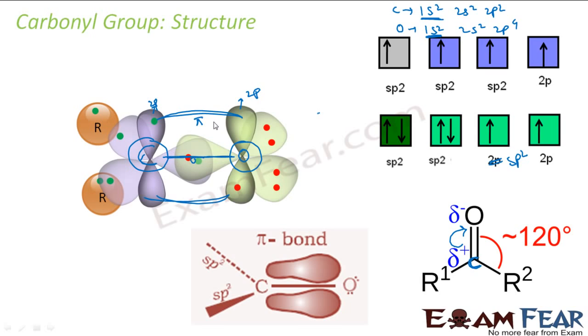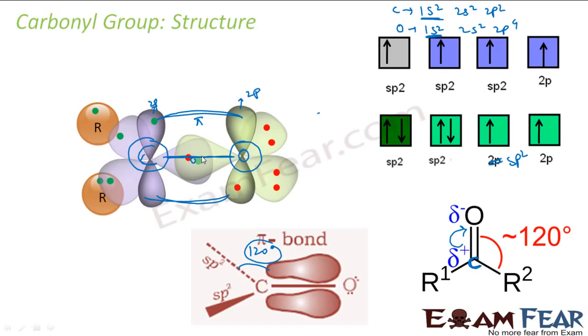This is the typical structure of a carbonyl group. This angle is 120 degrees, this angle is 120 degrees, this angle is 120 degrees. This was sp2 hybridized, this was sp2. And this is my carbonyl group. Hope you understood the structure of the carbonyl group.